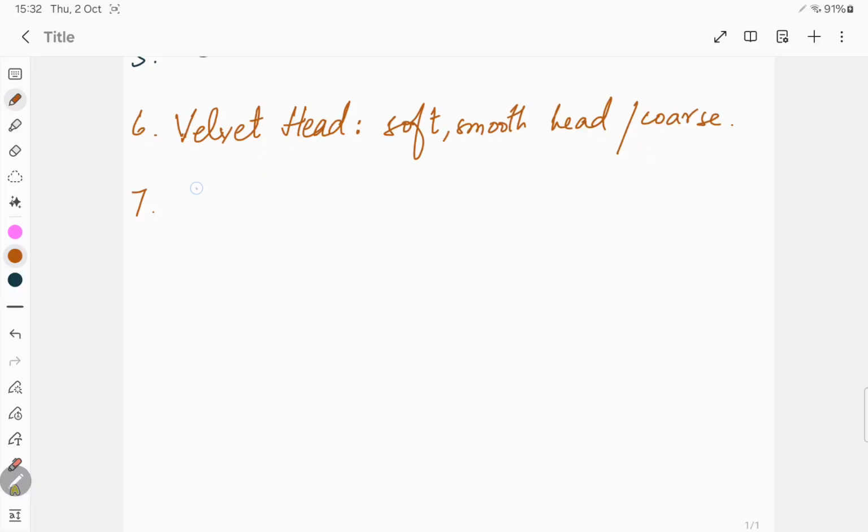Well, the next word is cautious. And by cautious, we mean somebody who is very careful, or the person who watches everywhere just to avoid the danger.